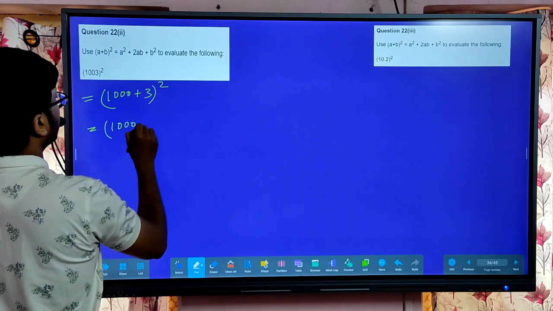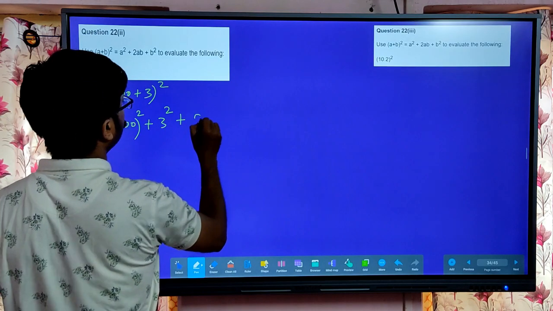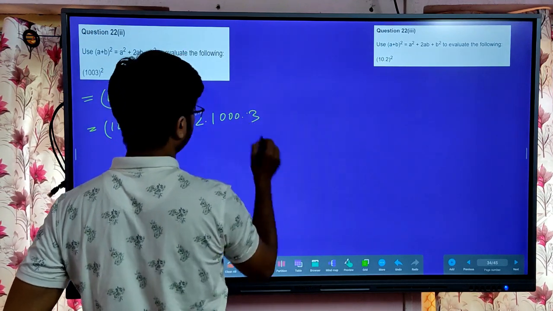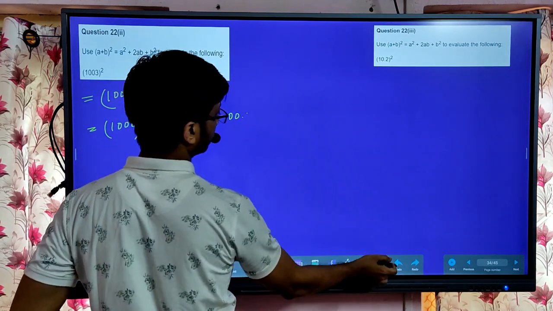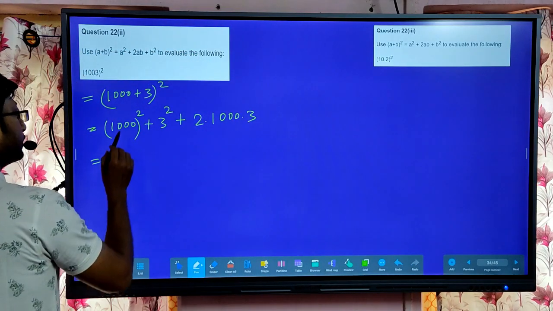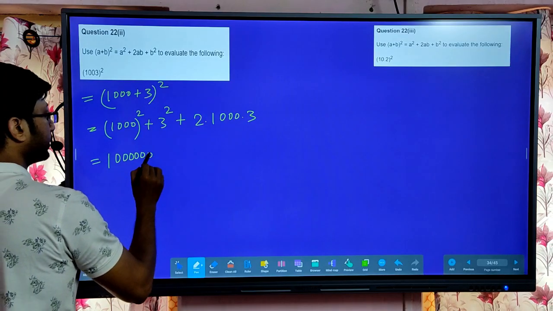It will be 1000 square plus 3 square plus 2ab, 2 into 1000 into 3. So how many zeros will it be? 1000 square, so 6 zeros. 1, 2, 3, 4, 5, 6.